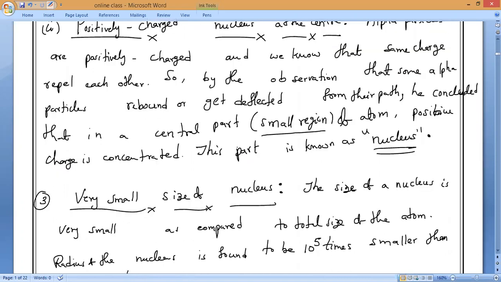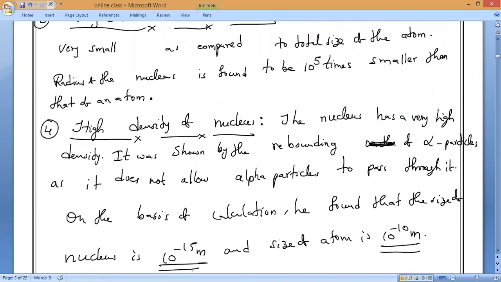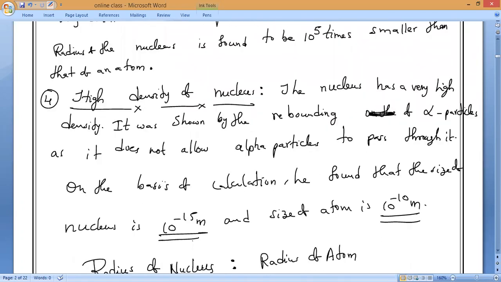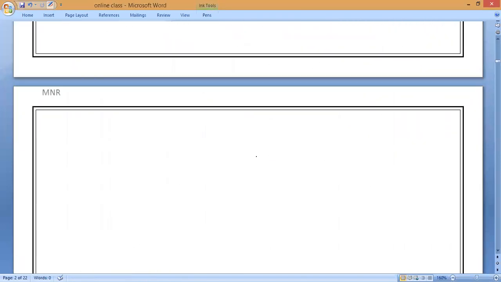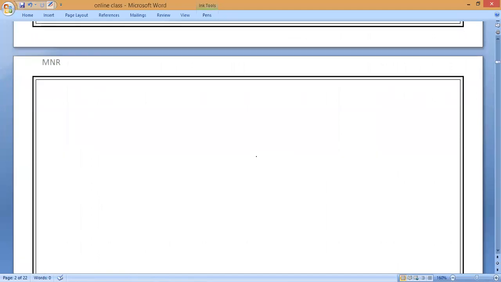But by this time, neutrons were not discovered. So after 1932, after the neutrons were discovered by Mr. James Chadwick, the same model was revised again. That is what we call the Rutherford atomic model, which we are studying in our present days also.